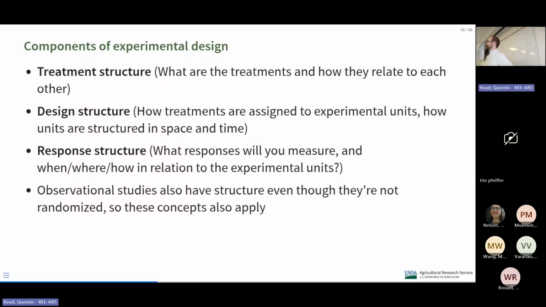And all this stuff about design also applies to observational studies, even though the treatments are not randomly assigned. The same ideas apply of relationships in space and time and how you measure things and so forth. So the statistics end up being similar. It's just the conclusions that can be drawn differ, whether it's an experimental manipulation or not.